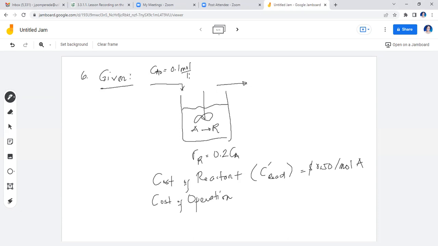So we'll have here C prime M. The cost of operation of your mixed flow reactor is 0.01 per liter per hour. Okay, that's it.